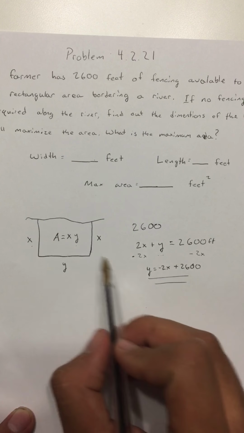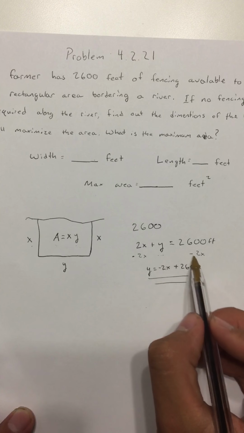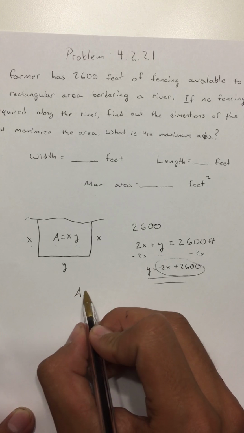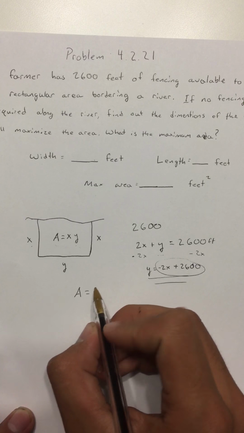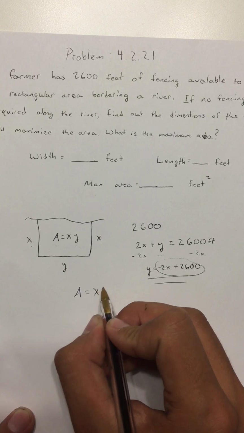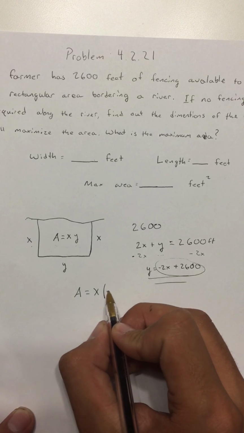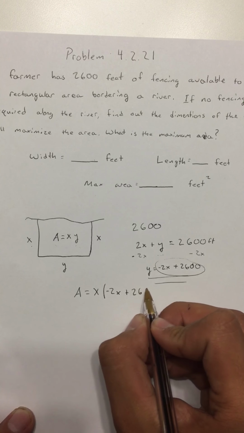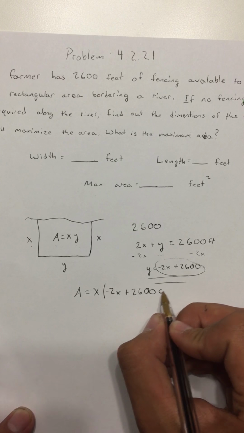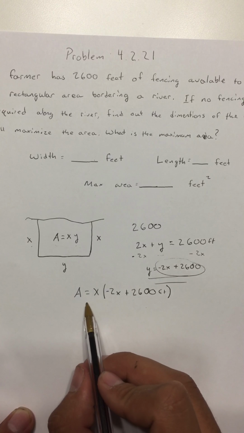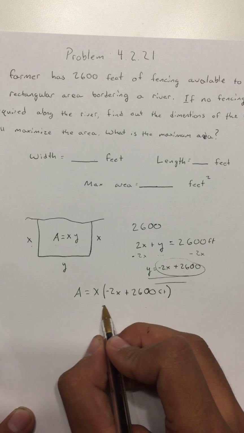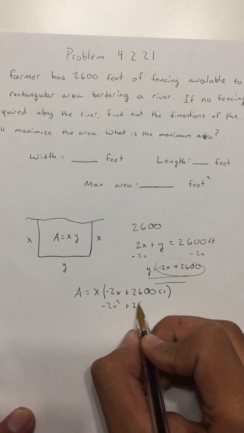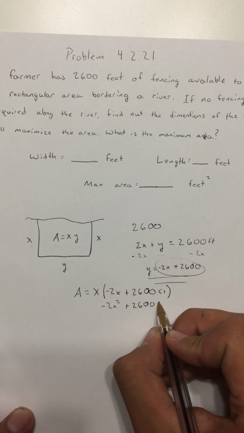So let's combine these. Anytime we see a y in this equation, let's substitute this. So over here we get A, being area, equals x times negative 2x plus 2,600 feet. Now we'll distribute.